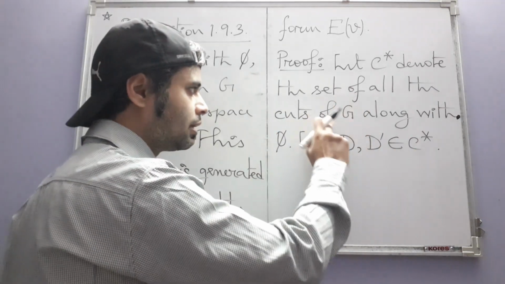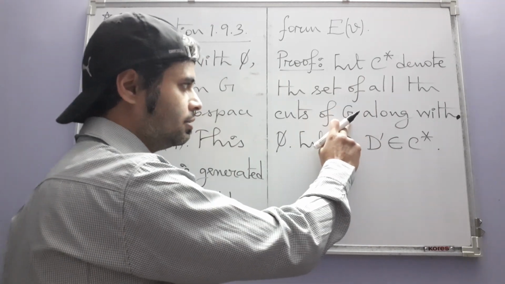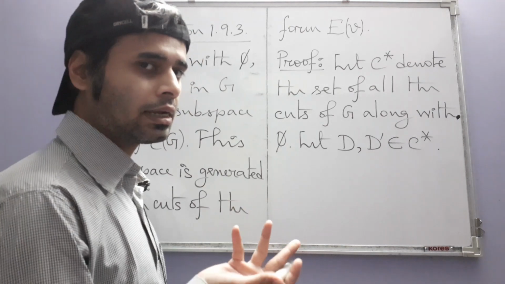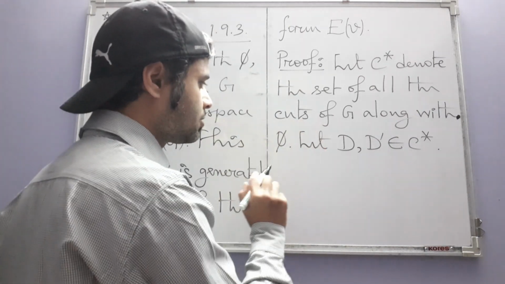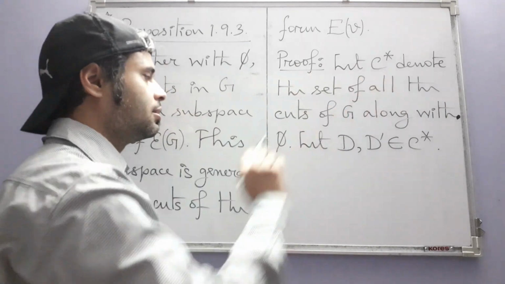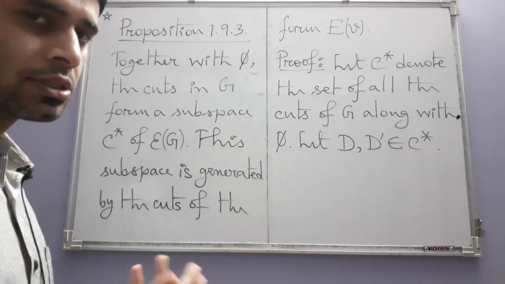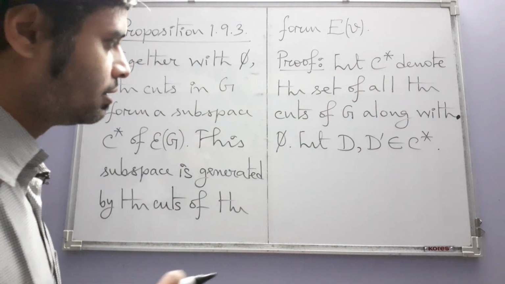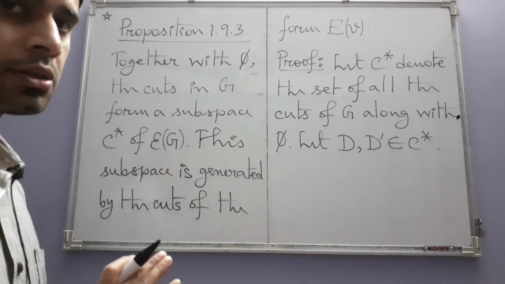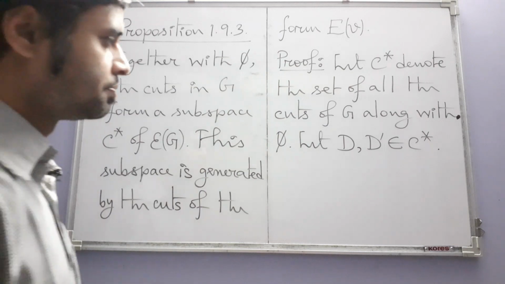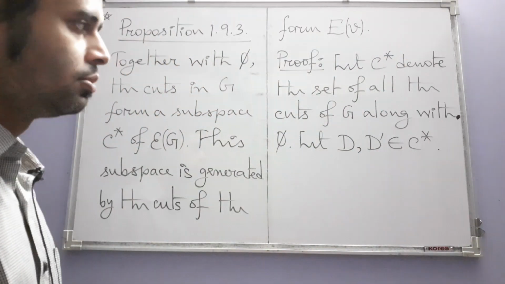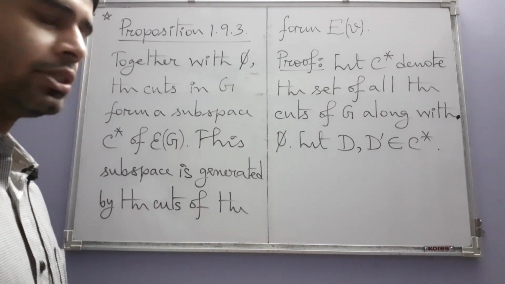That depends entirely on what G is. And because our G is just simply a graph G, we don't actually know about cuts. However, the empty set is in any case in C star, because that's how C star has been defined. So C star is actually a non-empty subset of the edge space. Okay, now there we have considered two cuts, D and D prime, which are vectors.